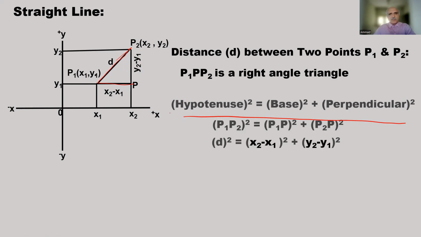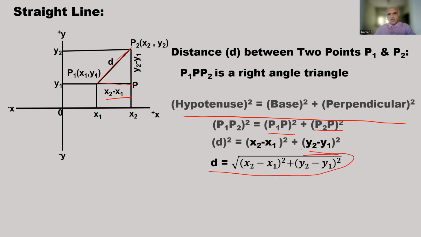So d squared equals (x2 minus x1) squared plus (y2 minus y1) squared. Take the square root on both sides, and then ultimately we have this formula to find the distance between two points.